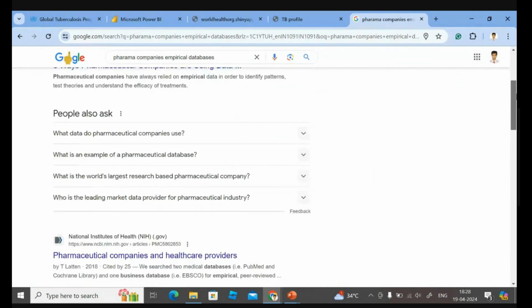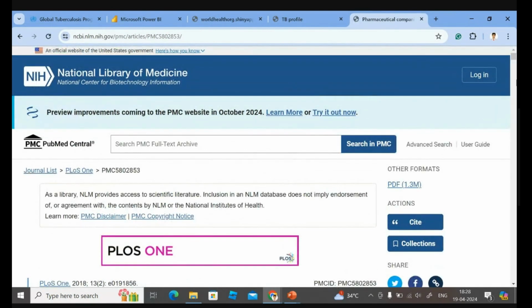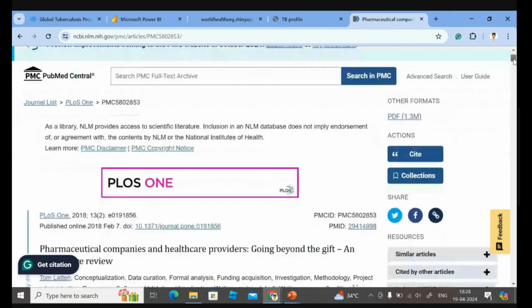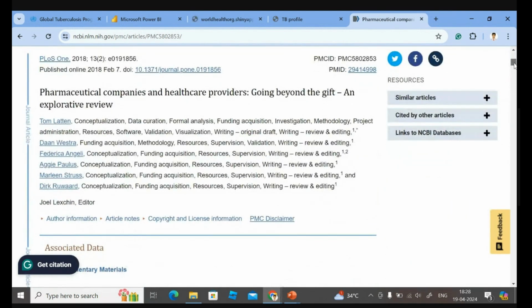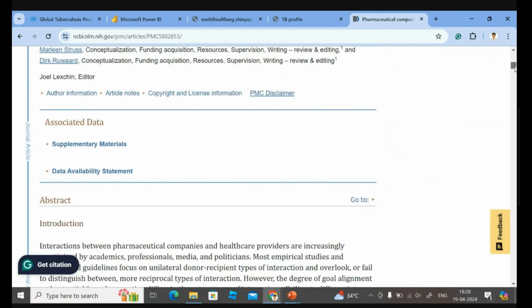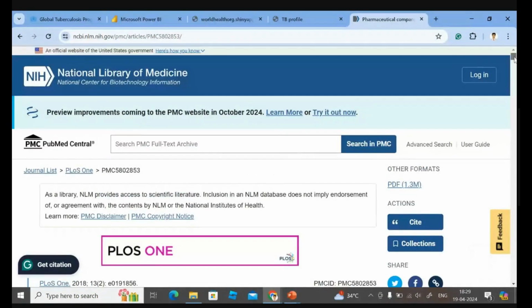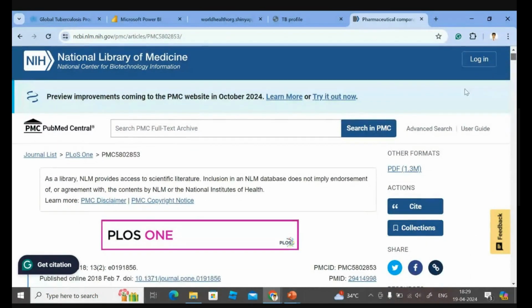I'm doing a Google search so that you're on the same page. So National Institute of Health will give you that, and then there are also companies which are there. Okay, so National Data Curation, Data Availability. Okay, so this is absolutely about that.